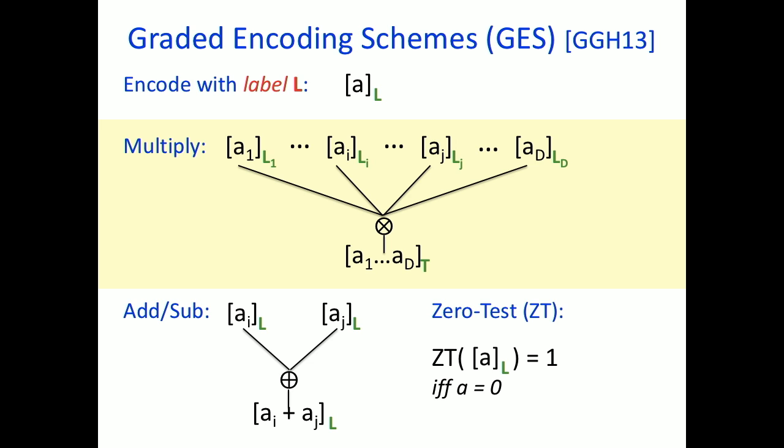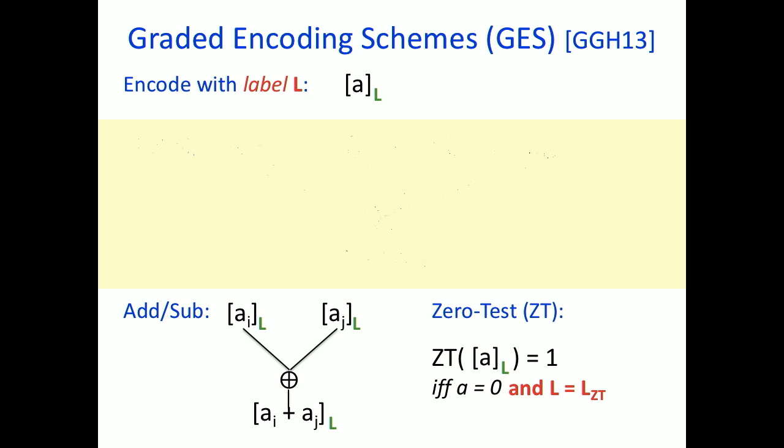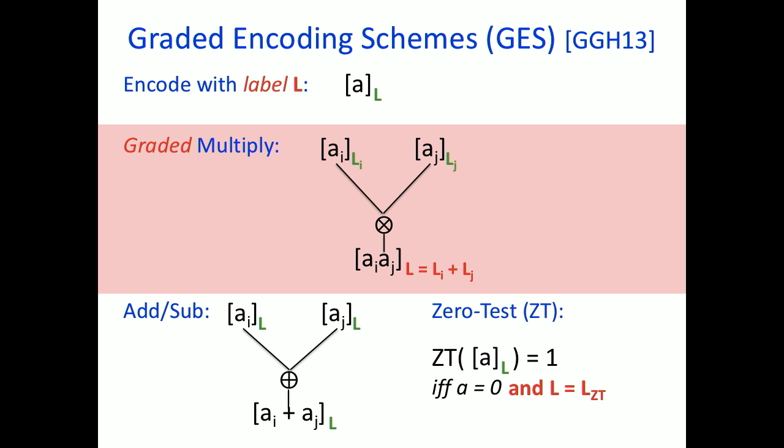Homomorphic addition happens just as before, but now because the encodings are possibly noisy, zero testing is not for free, and in fact can only be done at a special label called the zero testing label. And finally, a powerful change is that multiplication can now be graded, in the sense that you can incrementally multiply two encodings with different labels together and get an encoding of the product at the price that the labels add up.